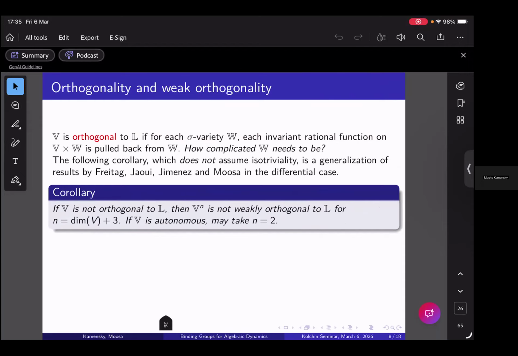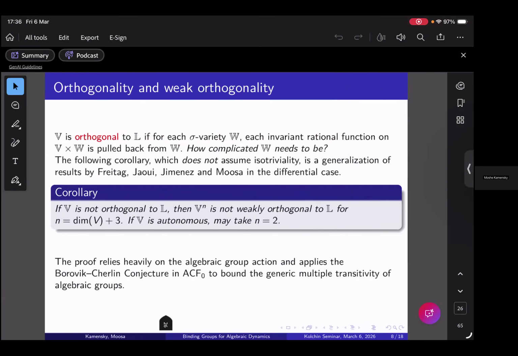First of all, you just need to take W to be Cartesian powers of V itself, and then you also have a bound on the number of copies that you need. The bound is written here, and this is one of the main results obtained by Freitag and Moosa, and later variants by some other people.